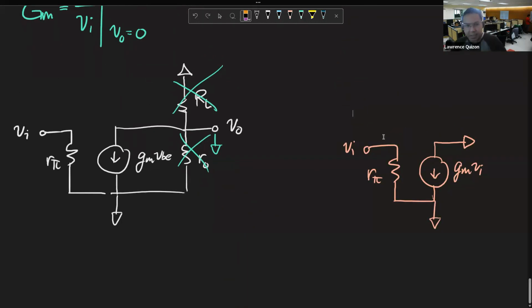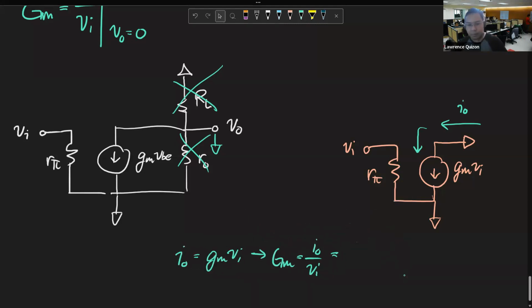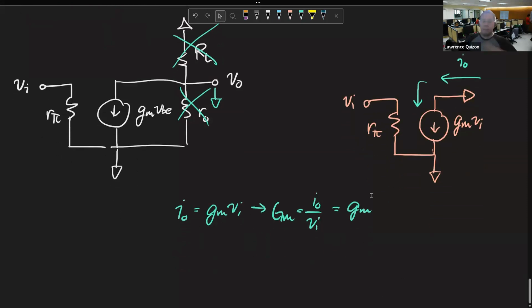But the thing this time is, the thing that we're interested in is I out. But we know exactly what I out is now. I out is GM V in. It's literally that. So then, GM, which is I out over V in, becomes the small GM. All right?